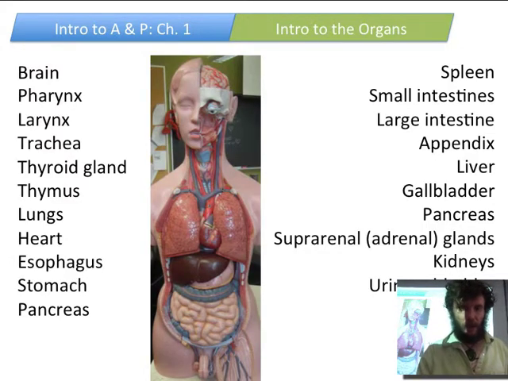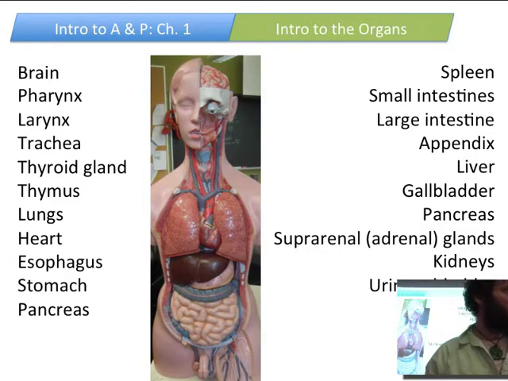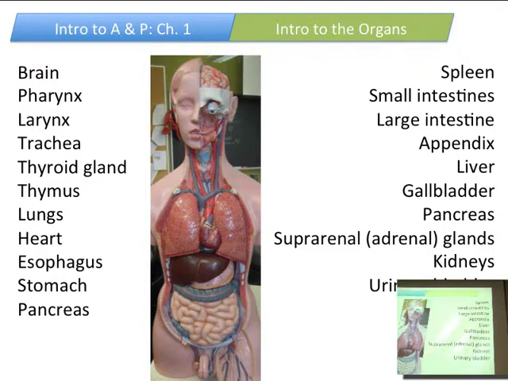All right. Organs. You can tear these pieces apart and find all the organs in here. The ones that you're going to be responsible for are the brain. I think we all know where that is in the cranium. The pharynx and larynx. The pharynx is the back of the throat.